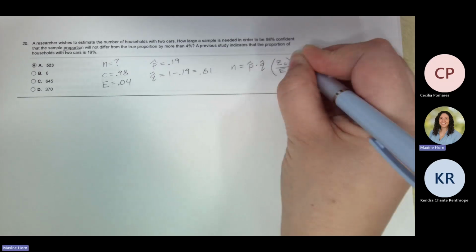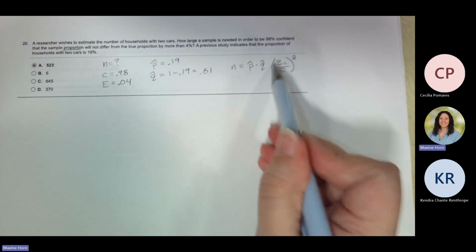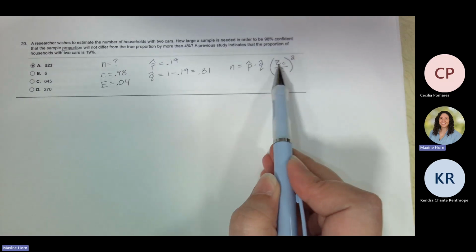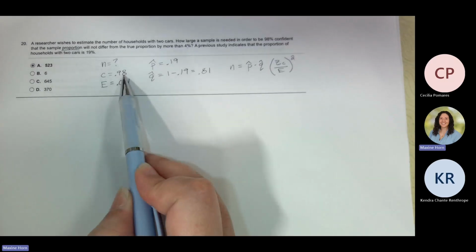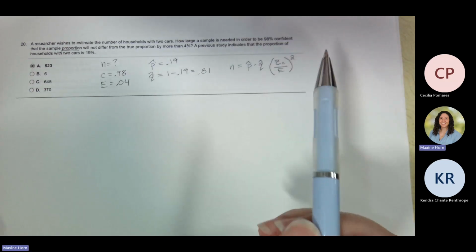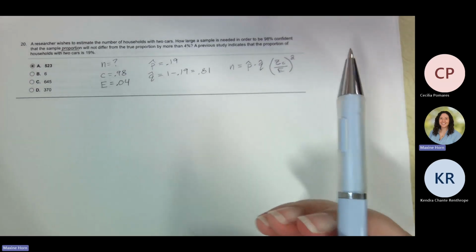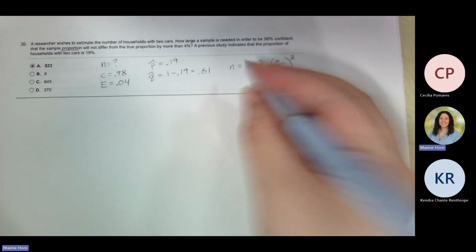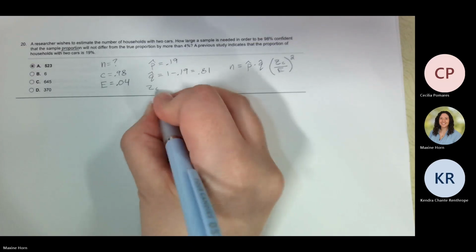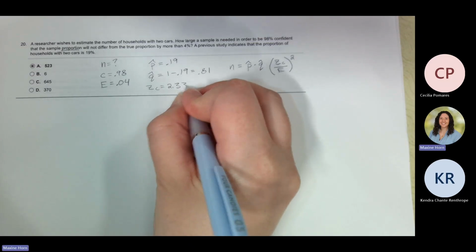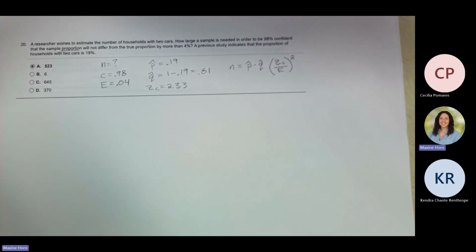Because here is our formula, and we have everything we need but the z-score. So again, the z-score corresponds to your confidence level. We just had the same one, 98%. That was the last one. So we know that it's 2.33 because we just did that in the last one.